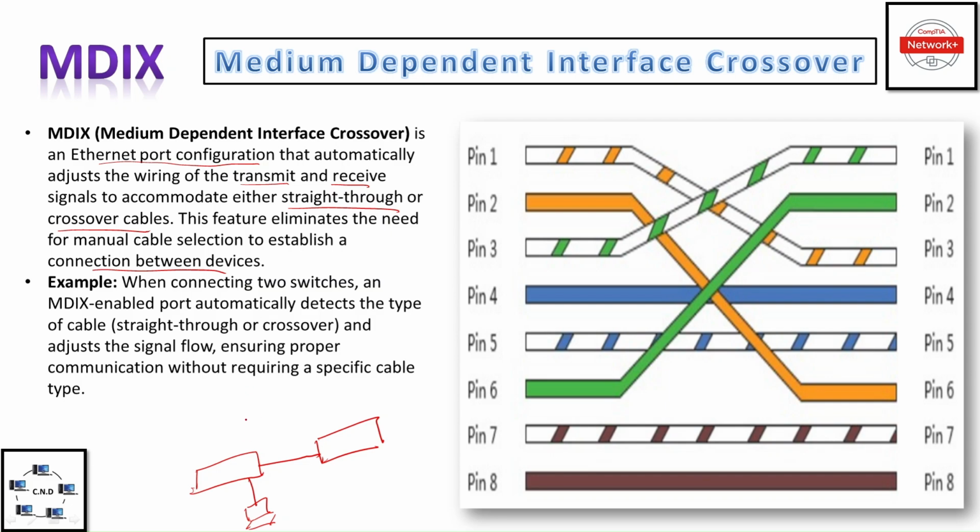So nowadays, the interface cards are intelligent enough, based on MDIX, that you can use any cable, whether it is straight-through or crossover. For example, when connecting two switches, an MDIX-enabled port automatically detects the type of cable, either straight-through or crossover, and adjusts the signal flow, ensuring proper communication without requiring a specific cable type.